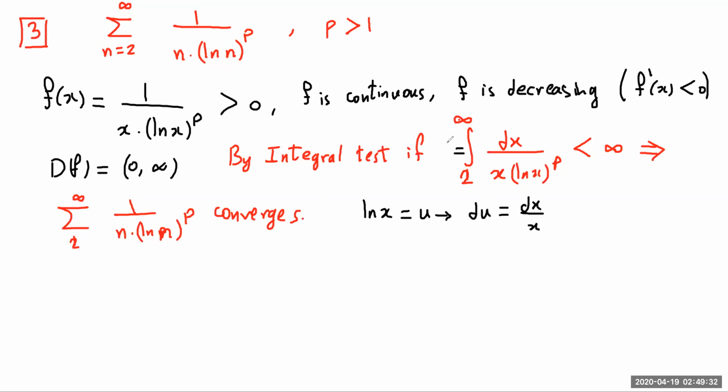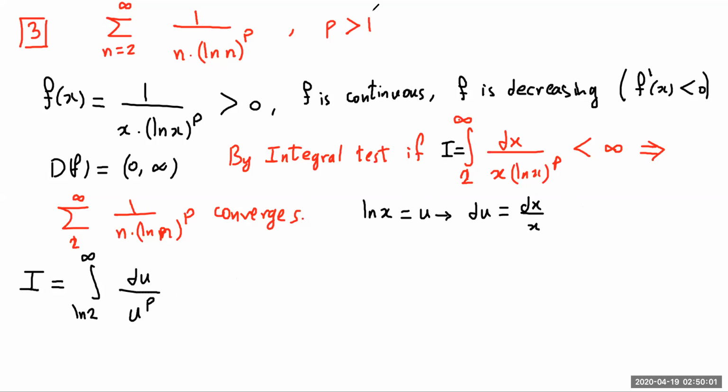Let's call this integral I. So my integral I equals the integral, instead of dx over x, it's du over u power b. Now, when x equals 2, u is ln 2. And when x is infinity, u is infinity.